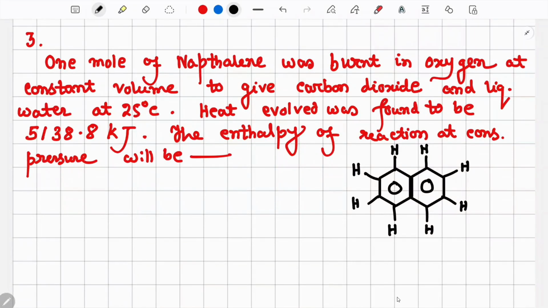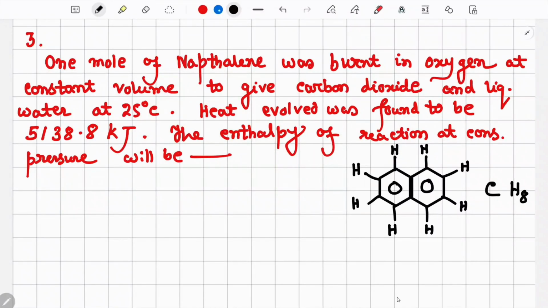C10. Yes. How? Are you sure? C8H8? H is clearly visible. How many H are there? 8. And carbon? 8.